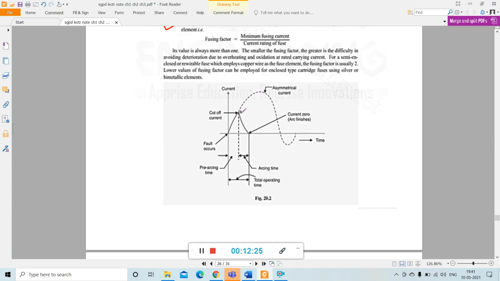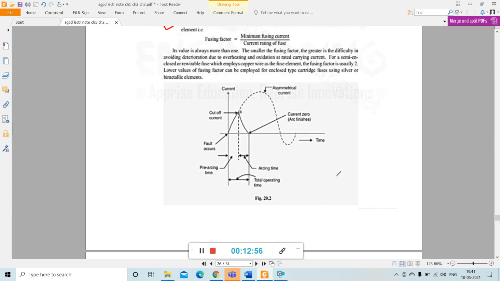So at this point A, the fuse element actually melts and the circuit is broken. Okay, and then at this point the fault occurs and this point is the cutoff current point, and from here to here is the pre-arcing time, and from the cutoff current level to this current zero where the arc finishes, this is known as the arcing time, and the total operating time is a combination of pre-arcing time and arcing time.